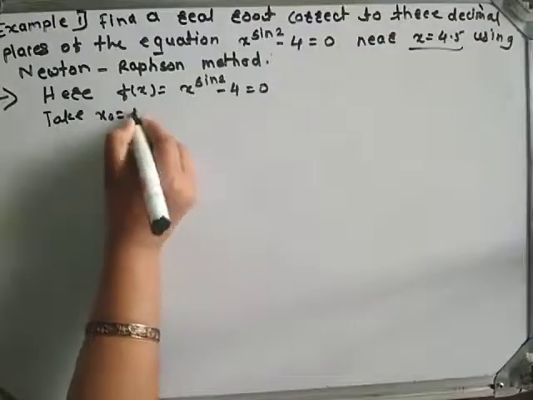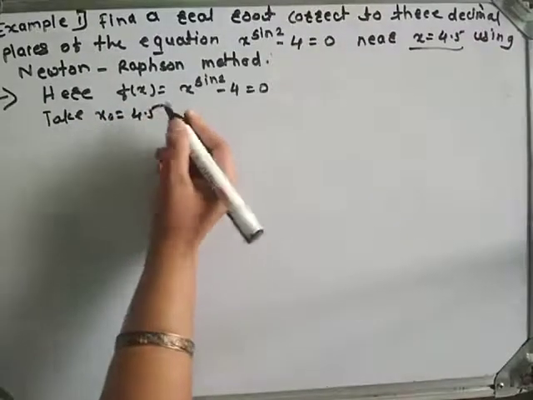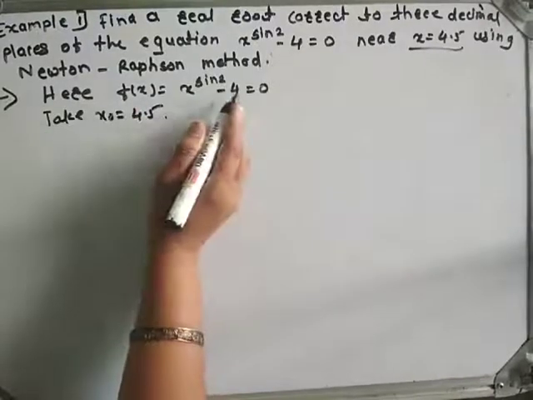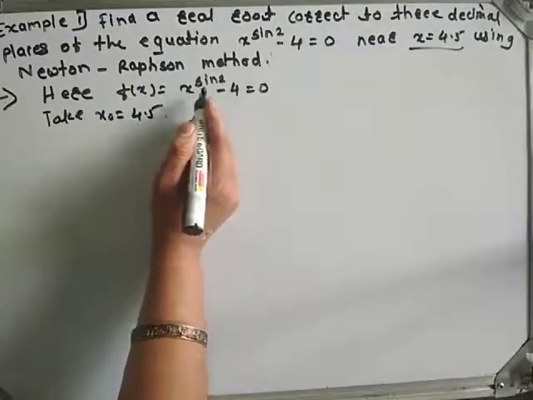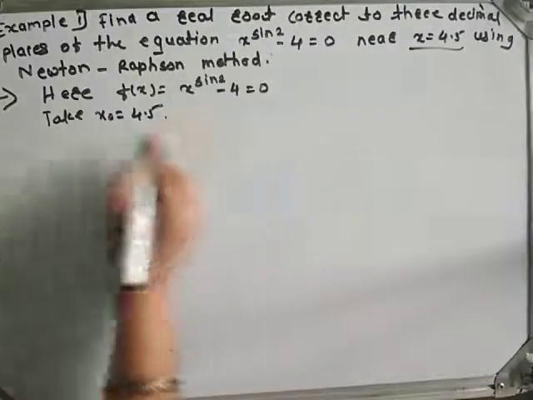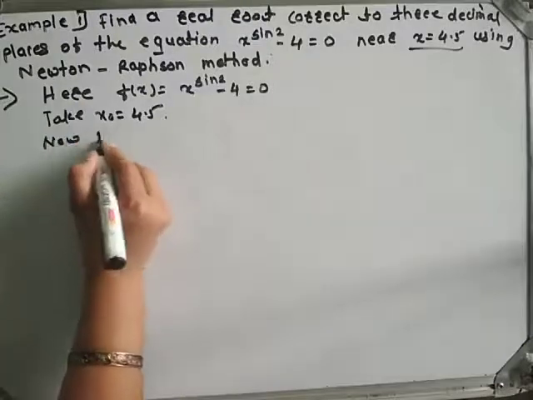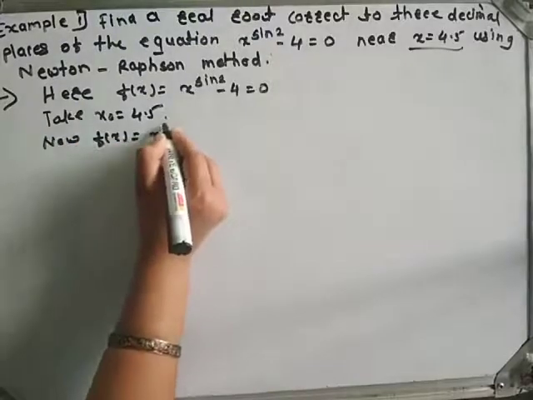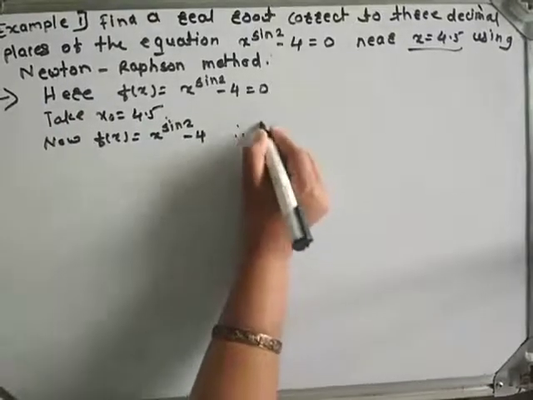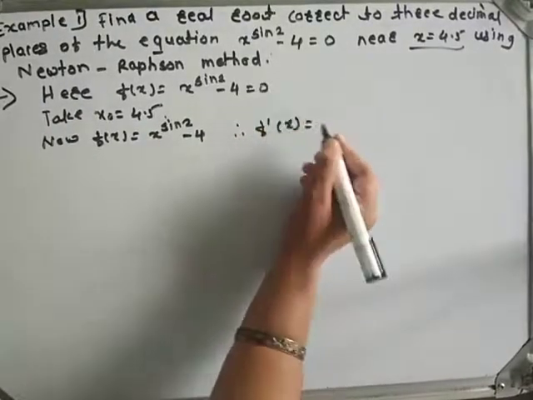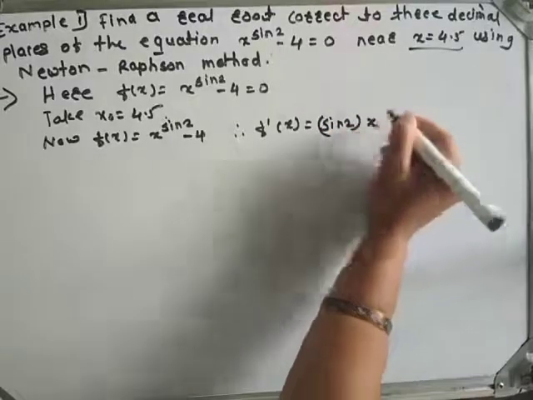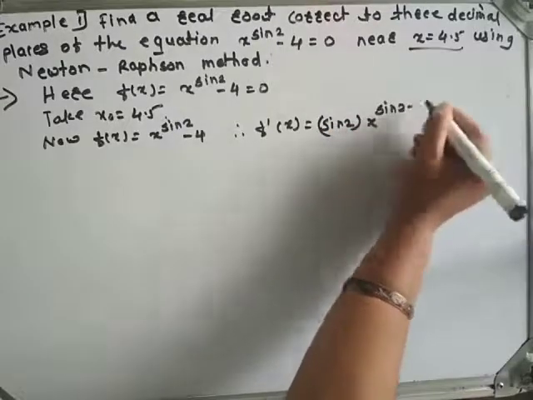Take x0 = 4.5. Now f(x) = x^sin2 - 4. Therefore, f'(x) = sin2 · x^(sin2 - 1).